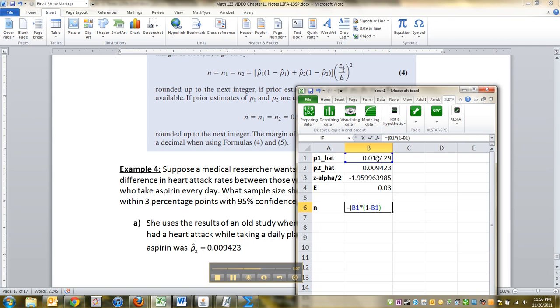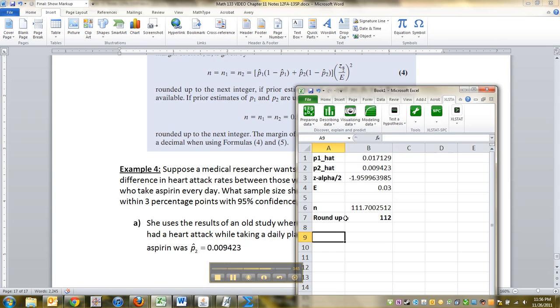Then plus P2 hat times parentheses 1 minus P2 hat, close parentheses, then another set of parentheses, that's z divided by my error, which is 0.03, not 3, because it's the 3 percentage points, close parentheses, squared. I didn't finish off one of my parentheses, and I didn't put my times in there. There we go. So we have to round up to 112. There's our final answer for that one.